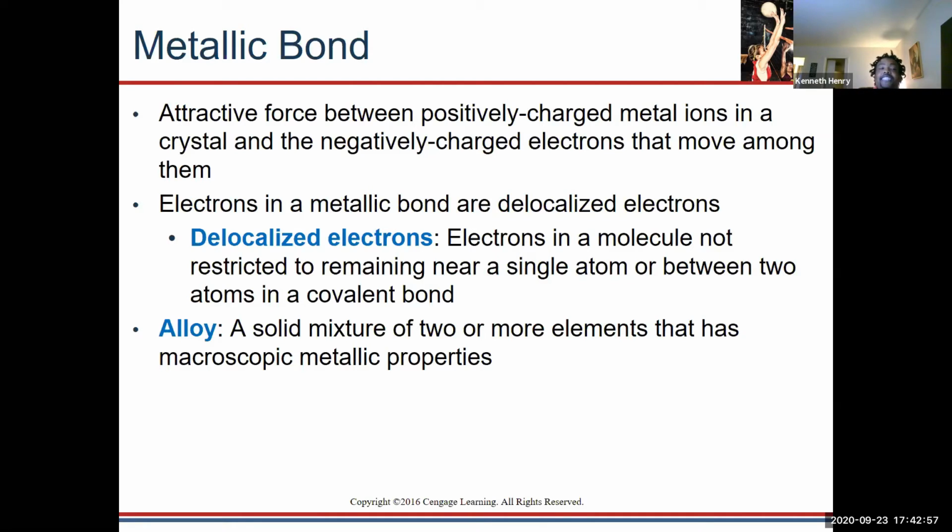Okay, so the last thing is called metallic bonds. Metallic bonds implement what they call delocalized electrons. Your metals want to get rid of that electron, either one or two, depending on where they're at. So they put that electron right next to it and kind of walk away a little bit and pretend it's not theirs.